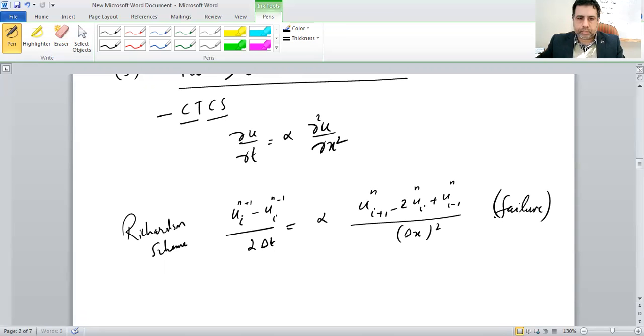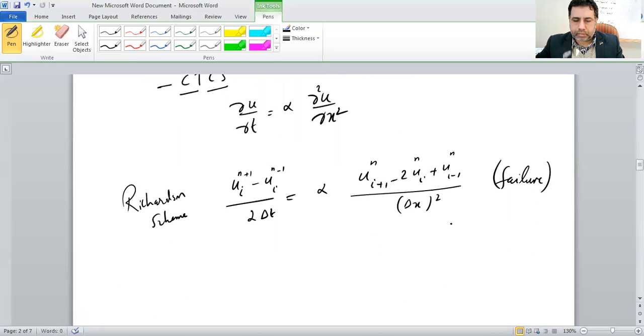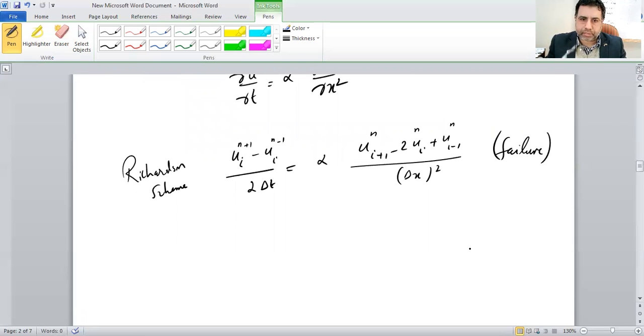But what Dufour and Frankel did, in this scheme, if we replace this value at the location i at time level n with some average coming from the two previous time levels. So what I'm saying is that if we take this ui n and we replace it by the average value like this.